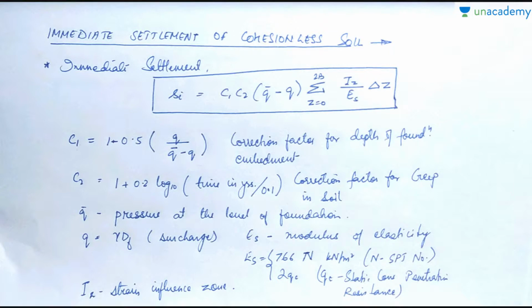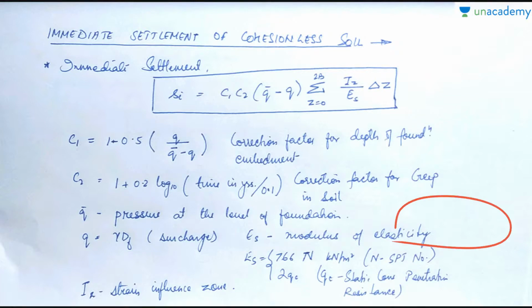Now, this Q bar, what is Q bar? The pressure at the level of foundation. Q is the surcharge, gamma Df. What is ES? ES being modulus of elasticity, and it is taken to be equal to 766 N. What is N?